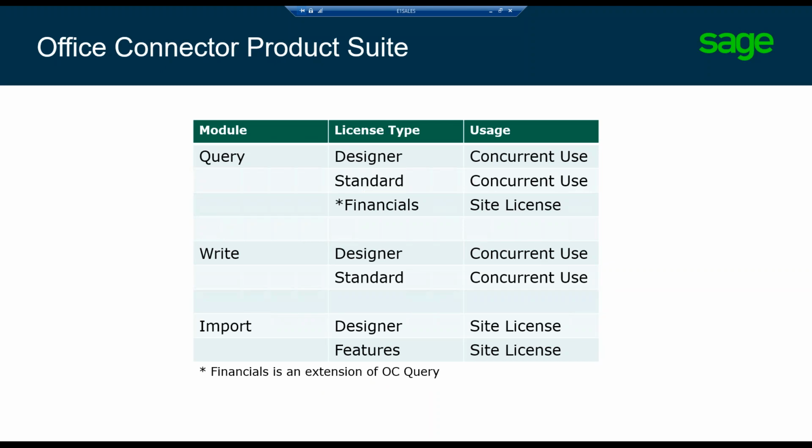So the query technology is licensed either by concurrent use, either Designer, which you can design, or refresh a report, or standard licenses that just allow you to refresh. Now, there is a third way to use Excel data, the way you probably historically always used Excel data, where it's just static, and you could just then share that once you get it into the format you want.